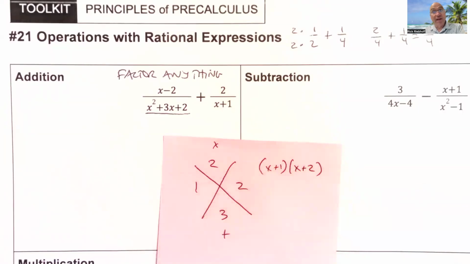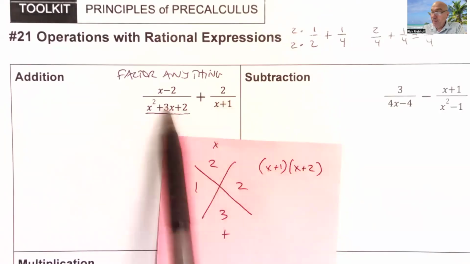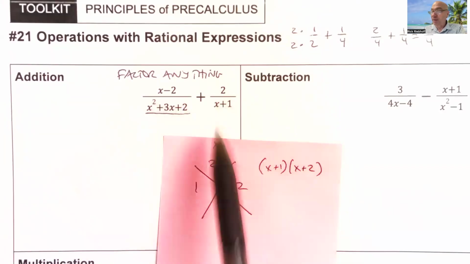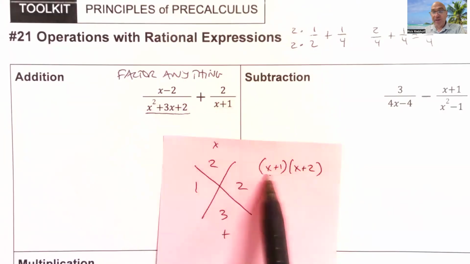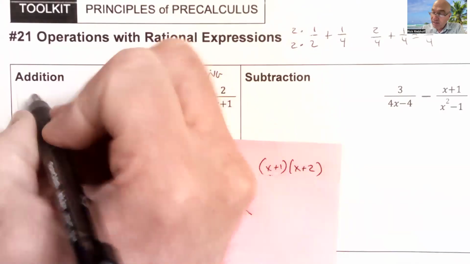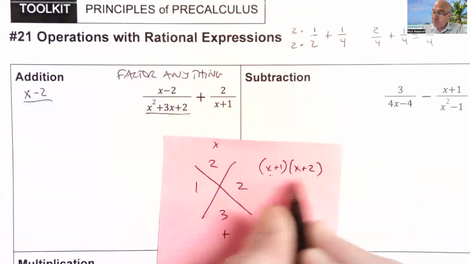Now, normally, because I'm a nice teacher, this here will end up being one of these two. So we don't have too much work to do. I try to be kind of nice. So we can see that x plus 1 will be one of the two factors here. That makes it a lot easier. So x minus 2 over x plus 1, x plus 2.